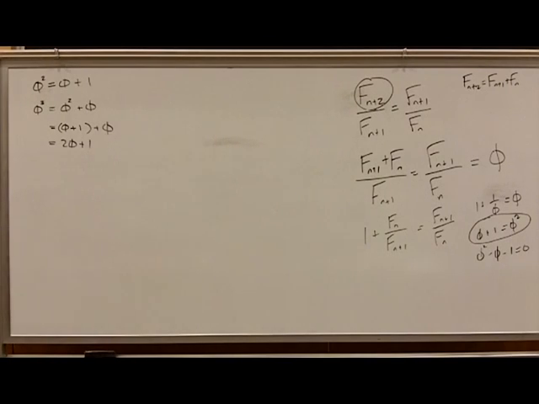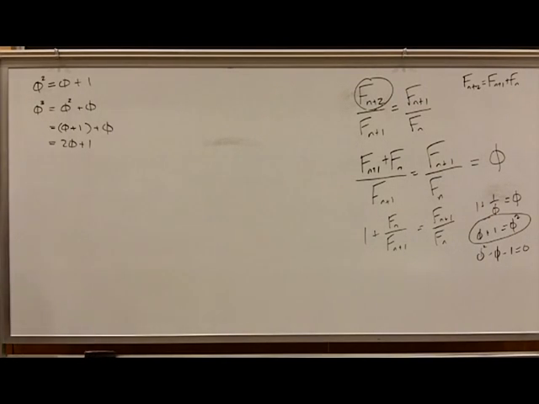And you know what? I don't know how significant this is, but if I were interested in cubing the golden ratio, to me it seems a whole lot easier to just multiply by 2 and add 1 than to cube it. So that's one possible point of interest, is just making things easier.